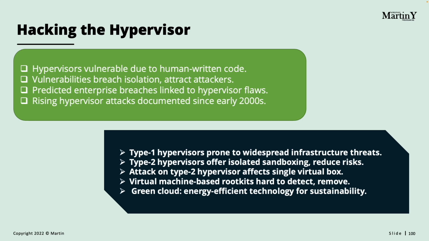For example, Type 1 hypervisors, which give full access to the system resources, have more vulnerabilities because breaching one virtual machine can breach the whole cloud system. In contrast, Type 2 hypervisors with microkernel architecture can better isolate the virtual machines, and this would definitely reduce risk.